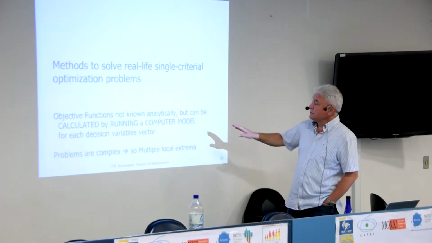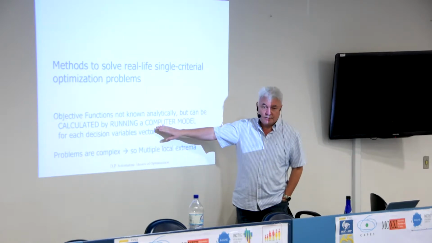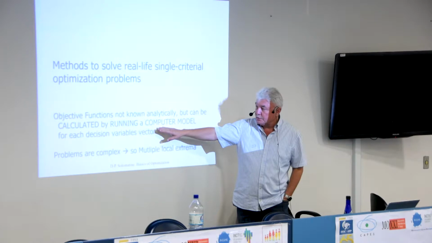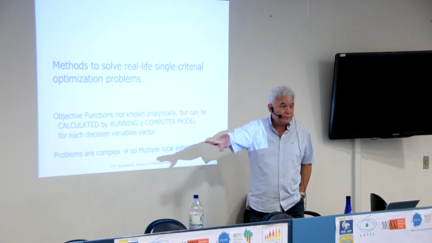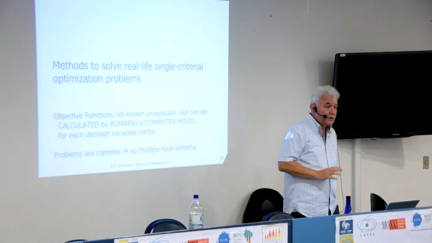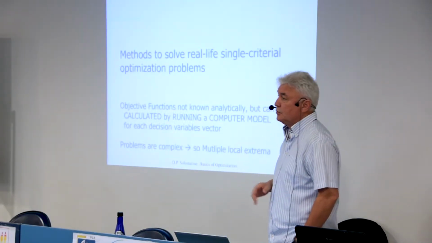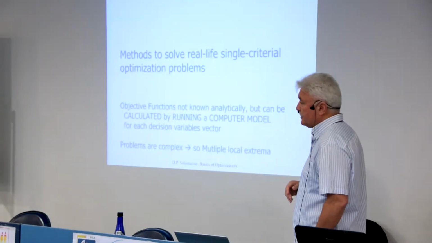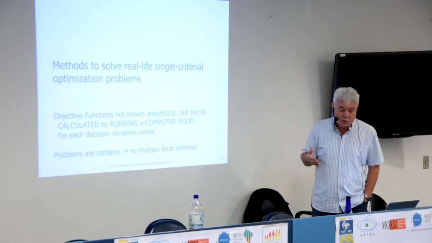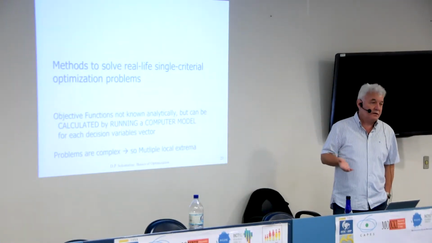So that's why the set of methods for optimization, which is based on a function calculated at one point, is very different from what we use in classical nonlinear or linear optimization for that matter.